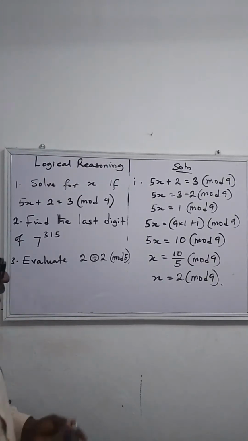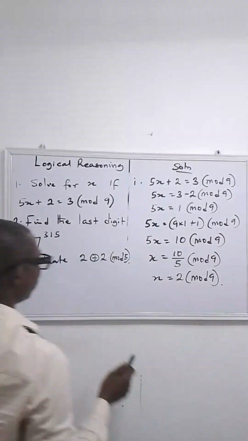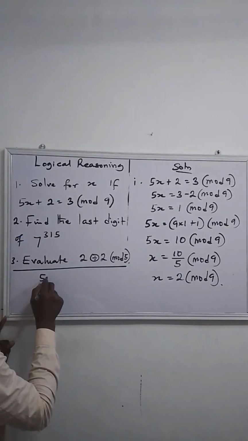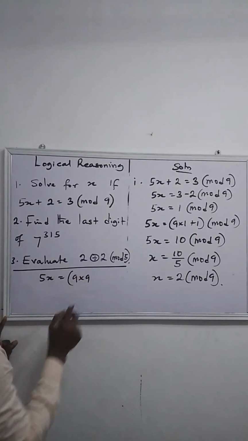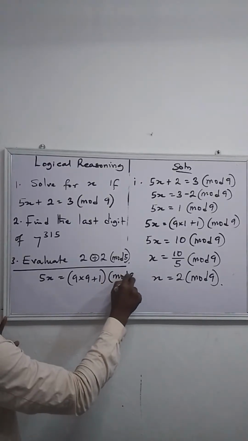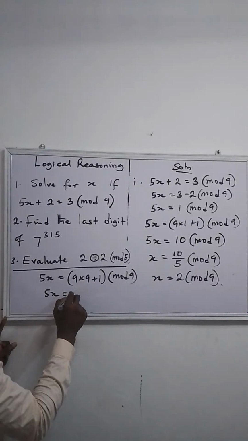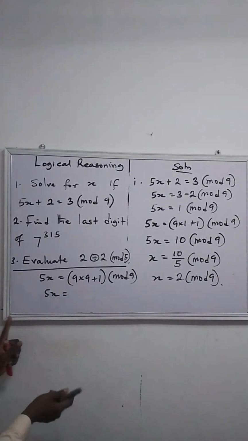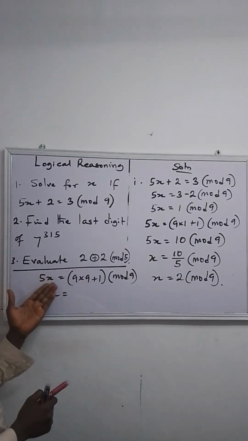Okay, so now let us see, maybe we are still going to have the same answer here. So we can cross-check. We have 5x equals 9 times 9 plus 1 in mod 9. This one is 81, so 81 plus 1 is 82. It's not divisible.